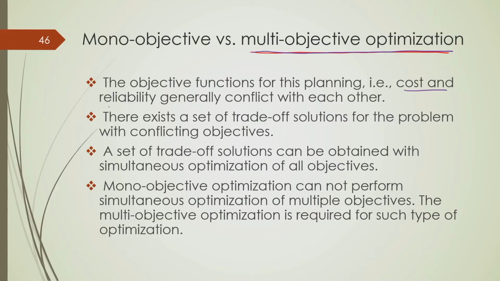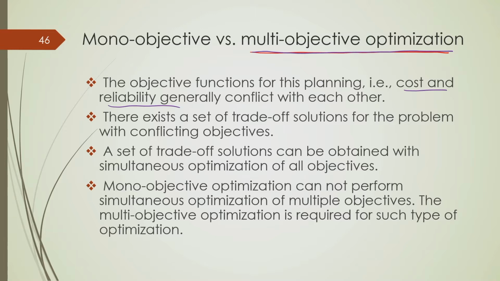In fact, when we have this type of optimization problem, we call it a multi objective optimization problem, where we have multiple objective functions which conflict with each other. And here we have the same objective functions as formulated in my last lecture. One is total cost, another is total interruption cost.